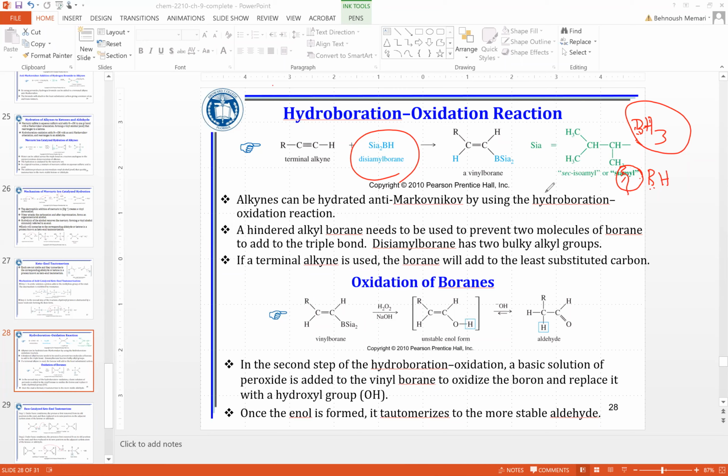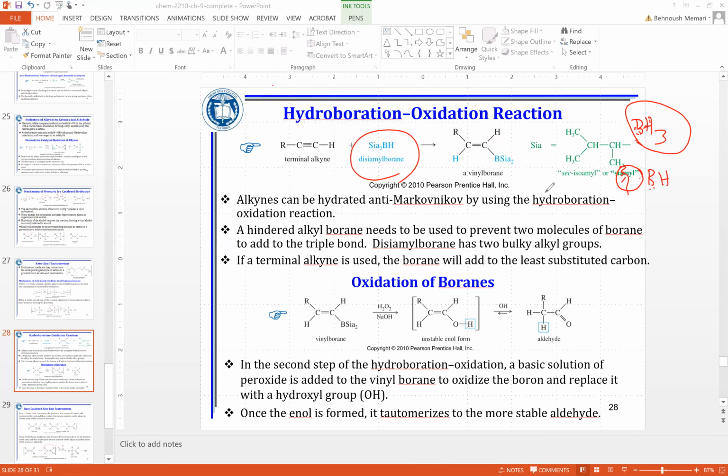So we only add one. We know that when we are doing hydroboration-oxidation, the addition of water is going to be anti-Markovnikov. That means OH will add to carbon 1. You still have an enol because this carbon carries the OH group, which is the ol, and the double bond, which is the ene.